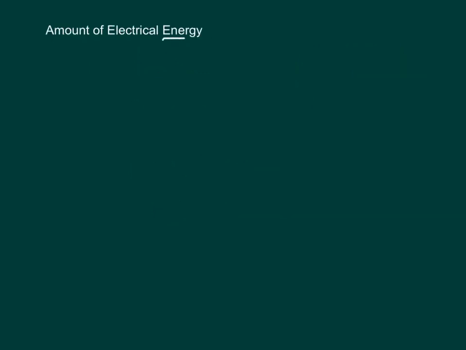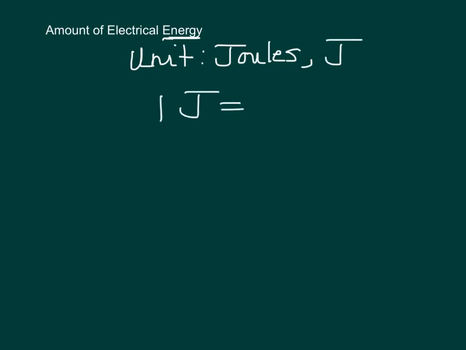We're also going to talk about electrical energy and the units of electrical energy, and really all energies are joules. Could be calories, but we're only going to use joules, with a J. And a joule is 1 coulomb times volt. That's just a relationship that might be helpful. Now, if you look at an electrical bill at your house, there's a different unit of electrical energy. It's called a kilowatt hour, kWh.